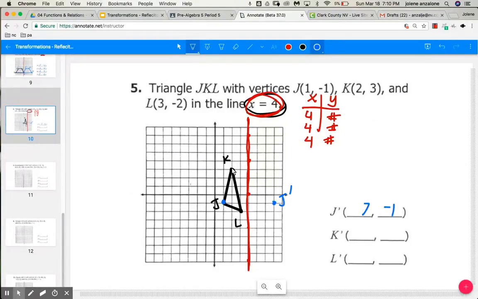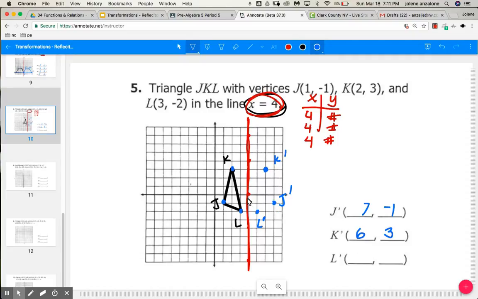For K, K was 2 units away from the line of reflection, so K prime will be 2 units in the other direction. So if K is 2 units to the left, K prime will be 2 units to the right. So K prime will be 6, 3. L, if L is 1 unit to the left of my line of reflection, L prime will be 1 unit to the right.